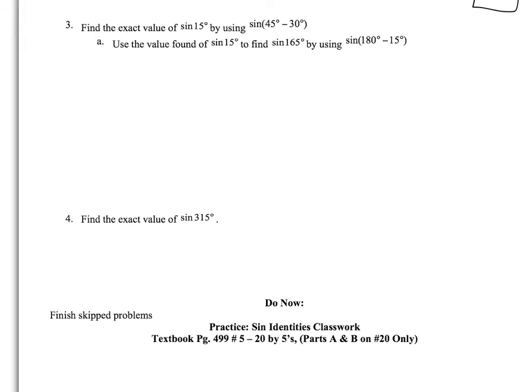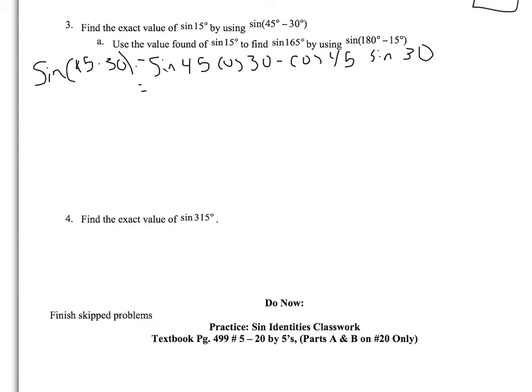Moving on. Find the exact value of sine 15 using this identity. So it's going to be sine 45 minus 30 is how I start. Plug a 45 in for A and a 30 in for B. Sine 45 cos 30 minus cos 45 sine 30.